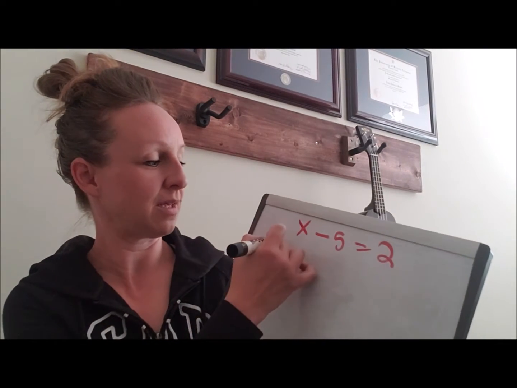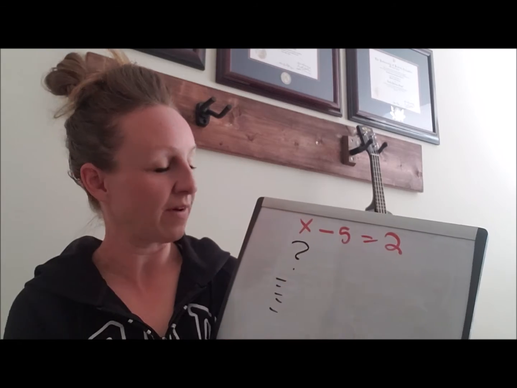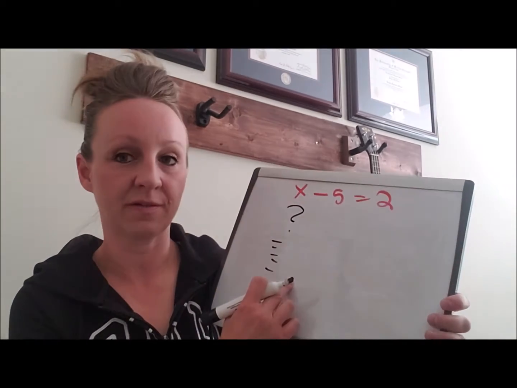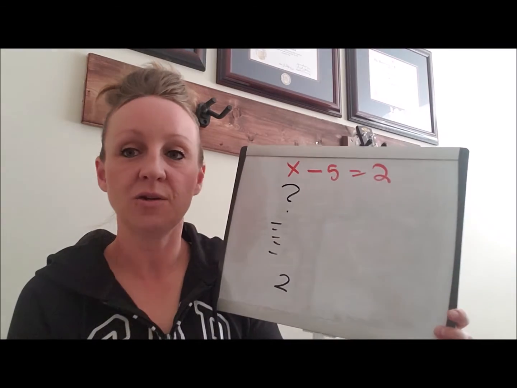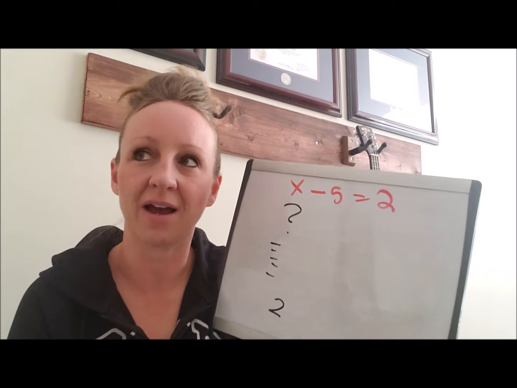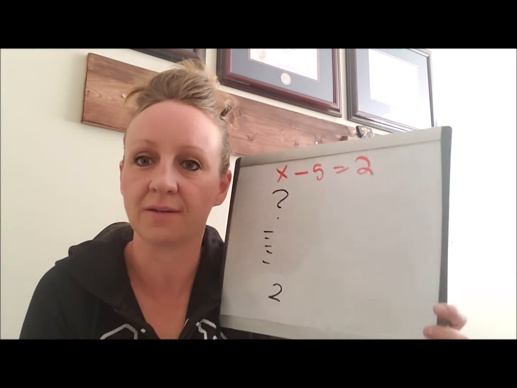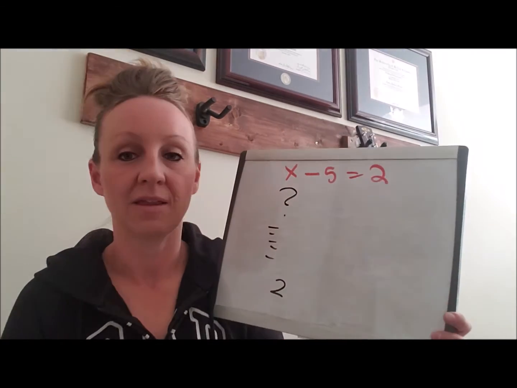So this is saying that there's something. 1, 2, 3, 4, 5. I'm going to take away 5 and I'm going to wind up with 2. You don't have to do this for every question, but I think you need to do this on the questions where you're like, I don't actually know what I need to do. Try and visualize it. To me, as a non-math-loving person, this makes more sense.